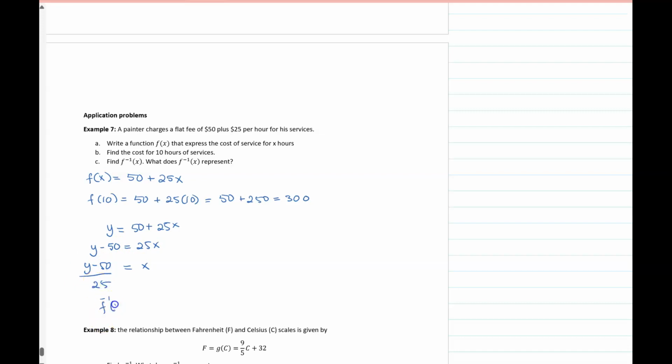So f inverse of x is the number of hours for x amount of money.